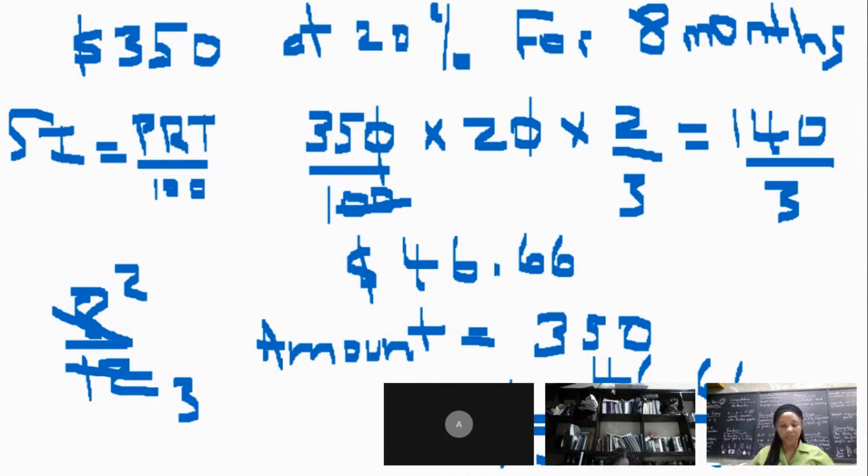So that's the total amount that has to be repaid. Remember, to get the amount that you have to pay back, or the amount you're going to get when your investment matures, it would be the principal plus the interest.